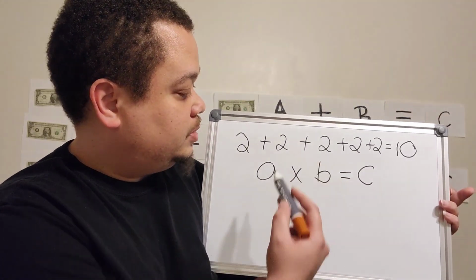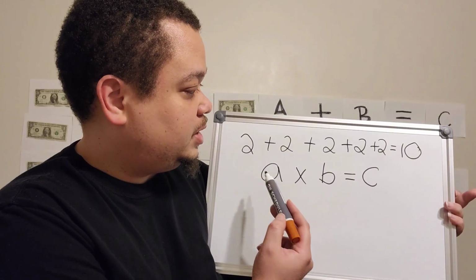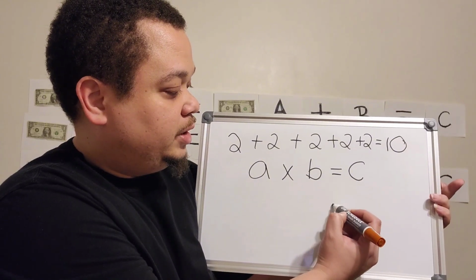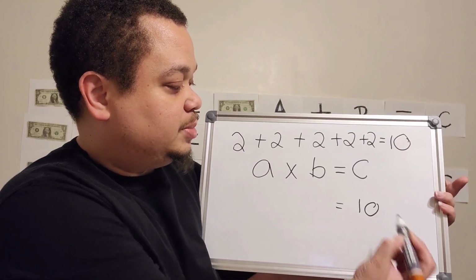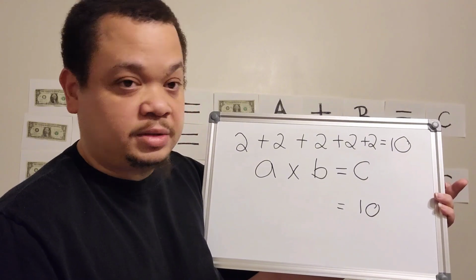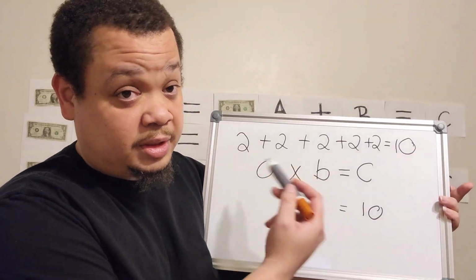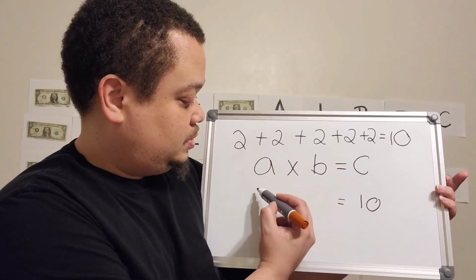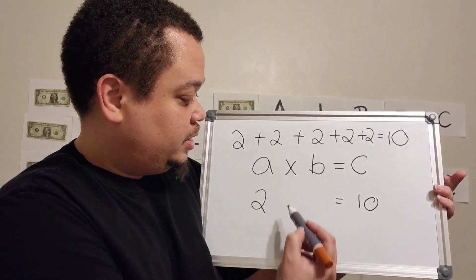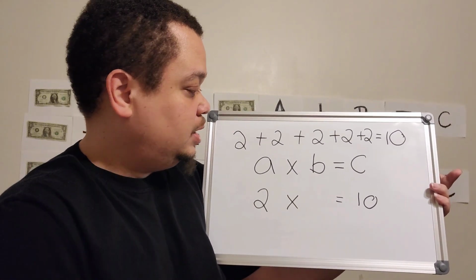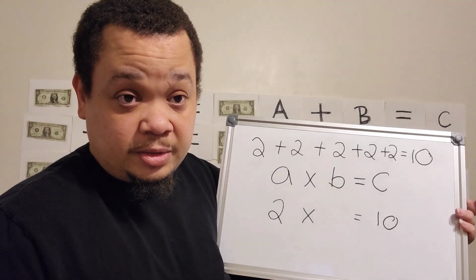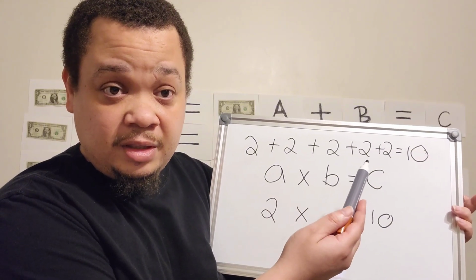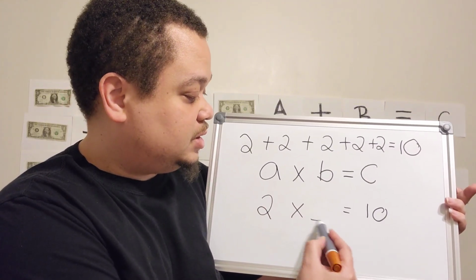All right, and so what's the number that we want to get to? 10. And so we'll put it down here where C is supposed to be. All right, and what's the number that you're adding together to try to get that 10? 2. So you put it over here where the A is. And now they tell you to count how many 2's you have in order to find this number.